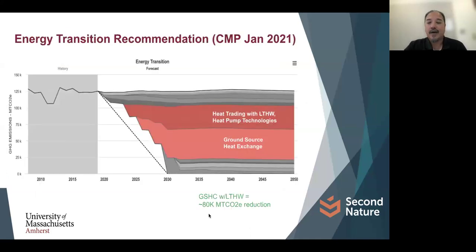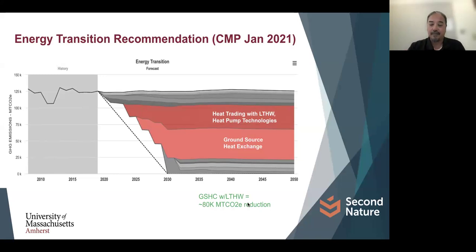So back in around 2019, 2020, we embarked on this carbon mitigation study that asked at a very high level what it would take for us to operate as a carbon neutral campus. And what you see here is that we looked at a lot of different technologies. You can see the kind of layers of the cake there, not just the ones in red.